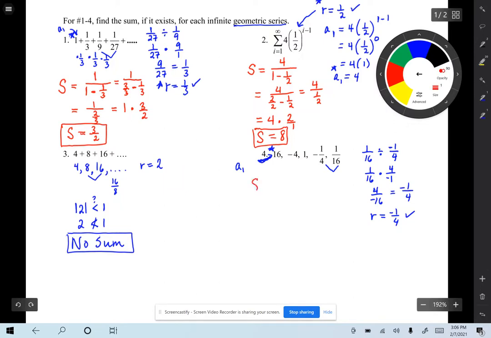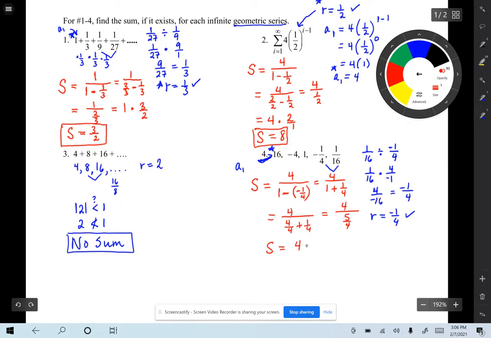So the sum is equal to the first term divided by 1 minus the common ratio. The common ratio is -1/4. So that's 4 over 1 plus 1/4. So that's 4 over 4/4 plus 1/4. So 4 is our numerator. Our denominator is 5/4.